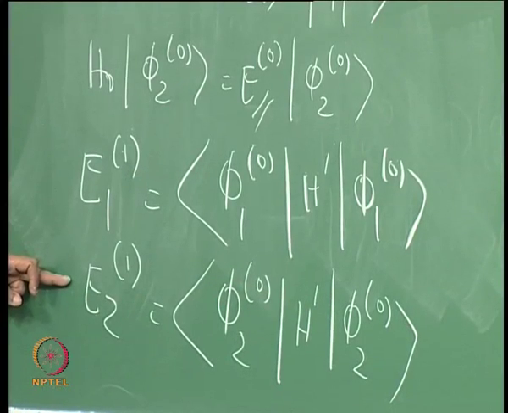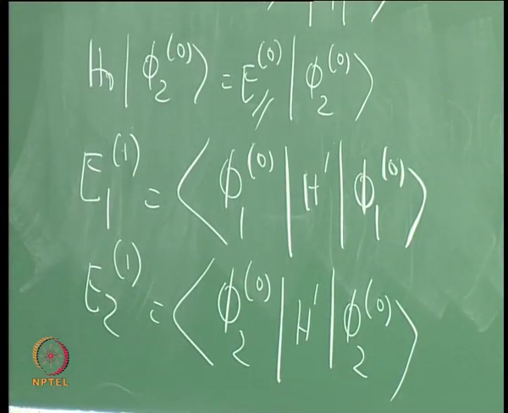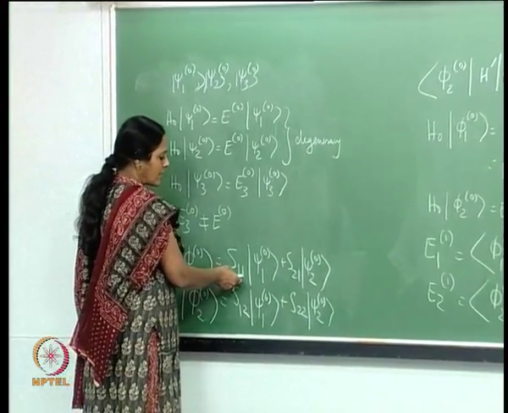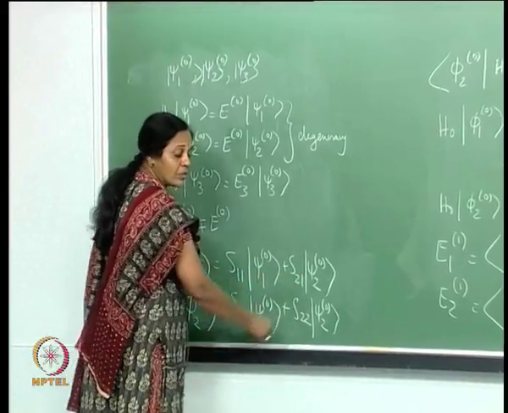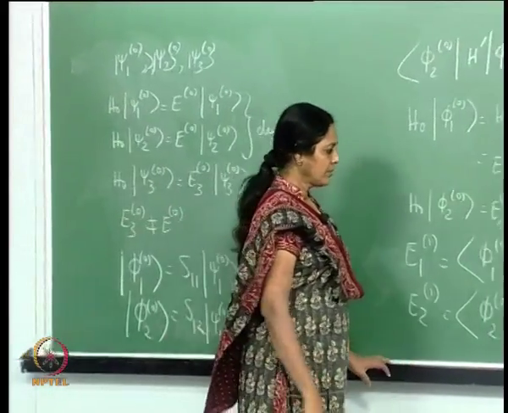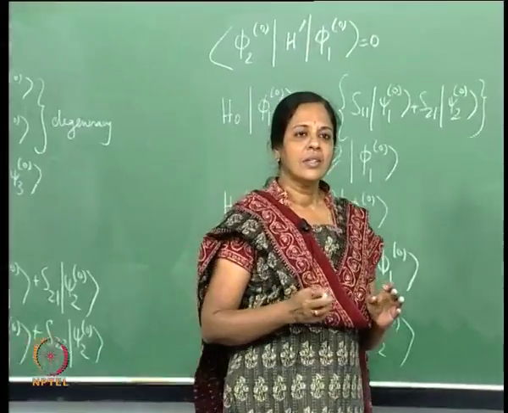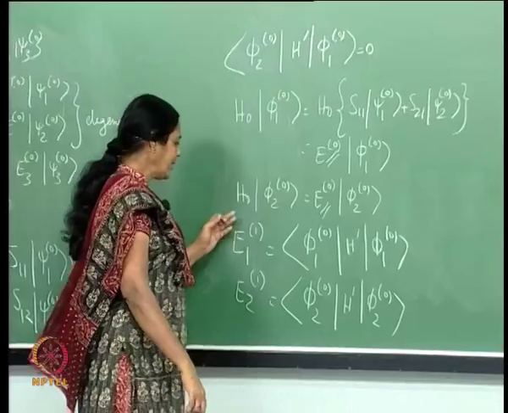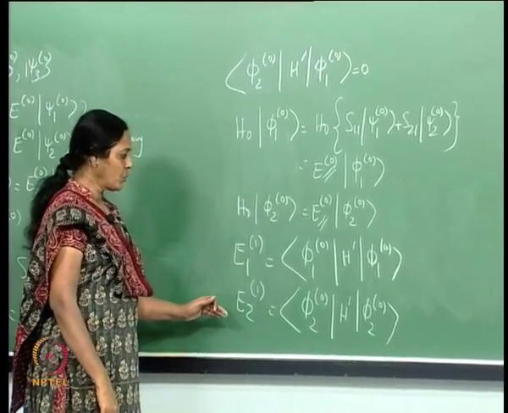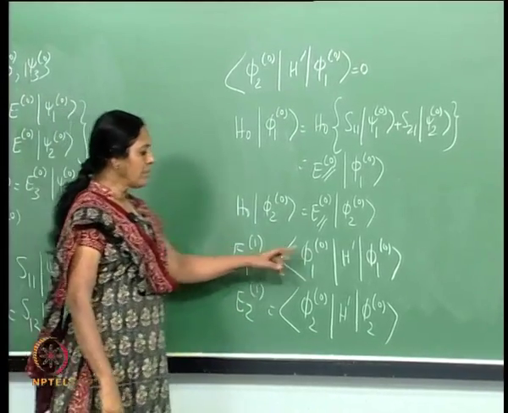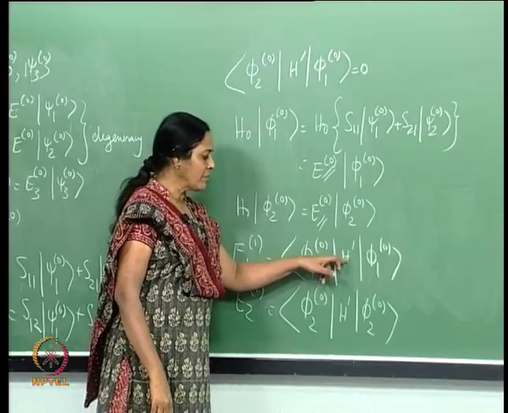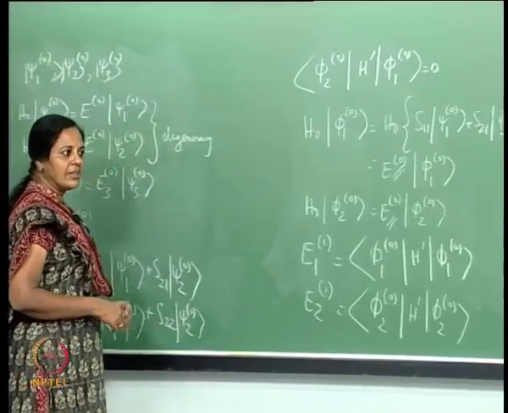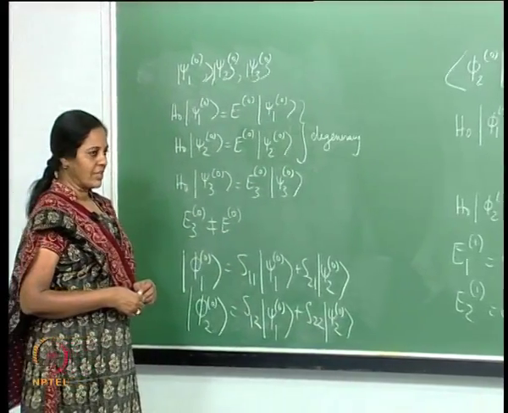which are hopefully different from each other. We also need to find these states, which means we should be able to fix S11, S21, S12 and S22. Of course, if I worked with G-fold degeneracy, I should have G different energy values, each of them being the matrix element of H prime with respect to the appropriate linear combination of the original states.